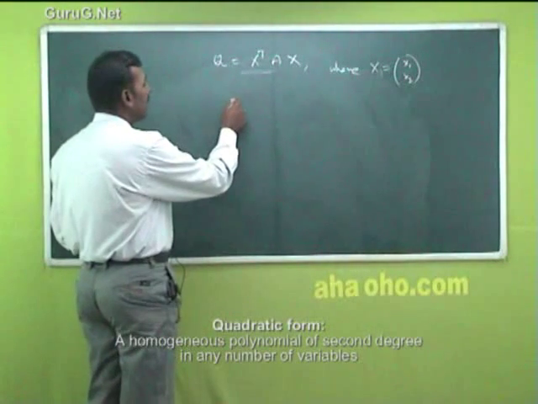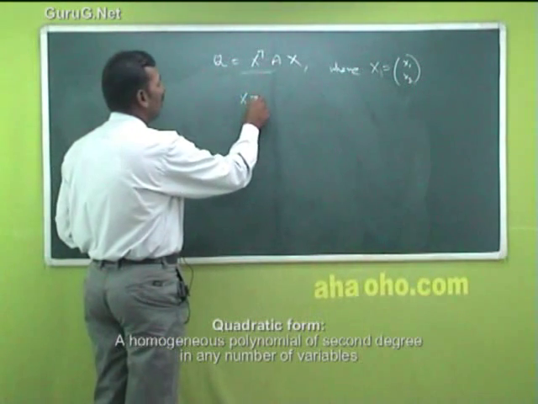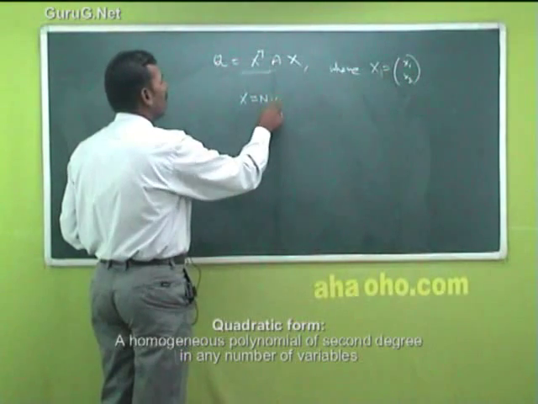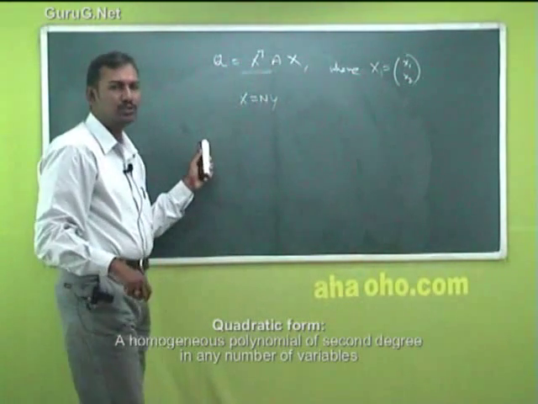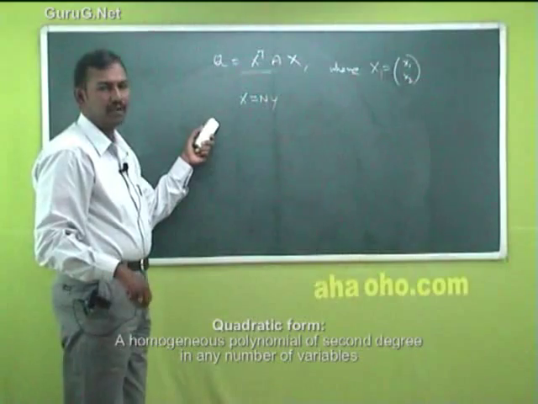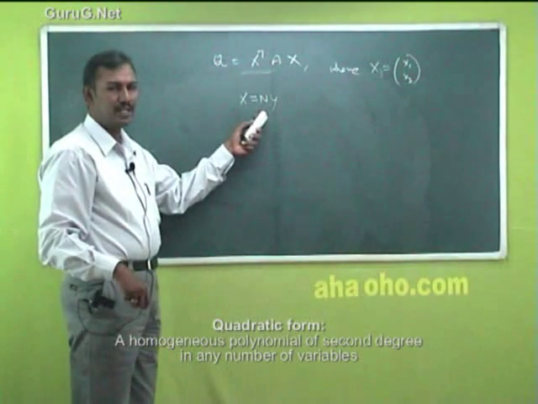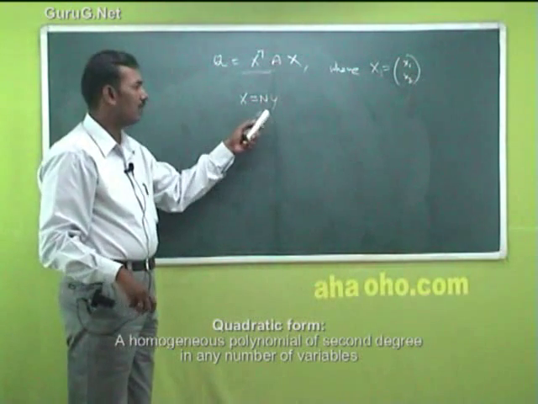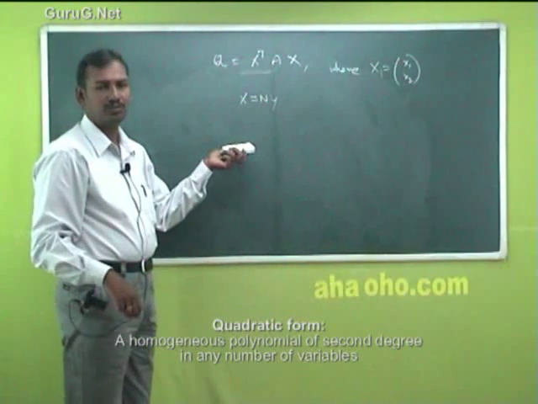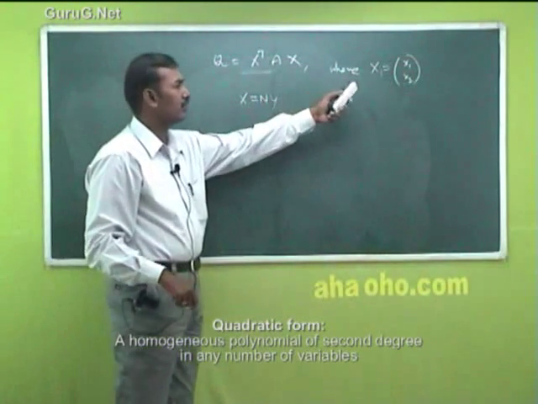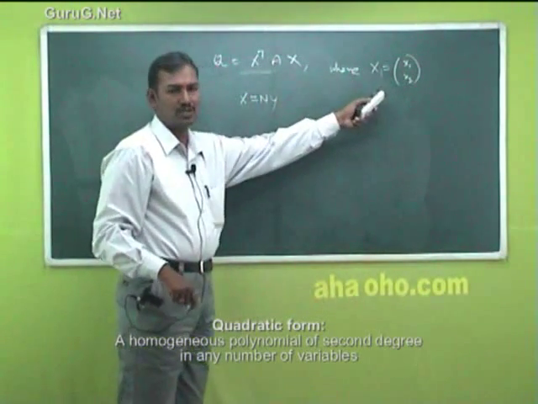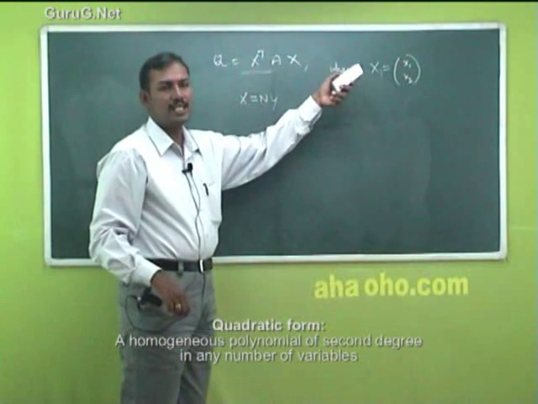Using the linear transformation x equals ny, this quadratic form can be reduced to canonical form, where n is a normalized modal matrix and y is nothing but y1, y2. You can take any variable. If it is a 2 by 2 matrix, x is x1, x2. If it is a 3 by 3 matrix, x is x1, x2, x3.